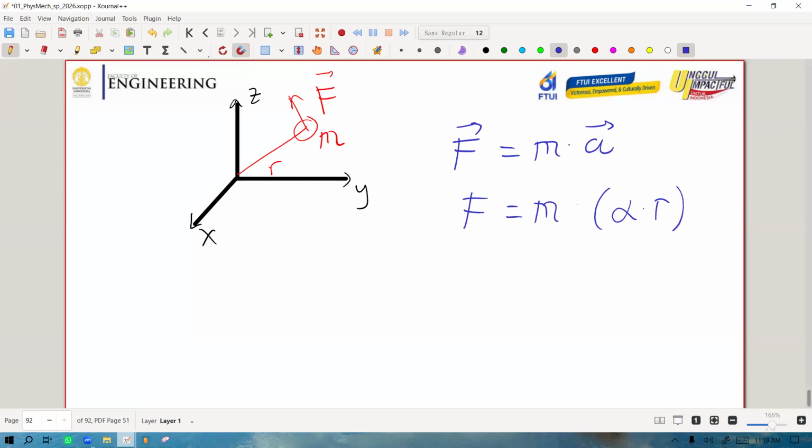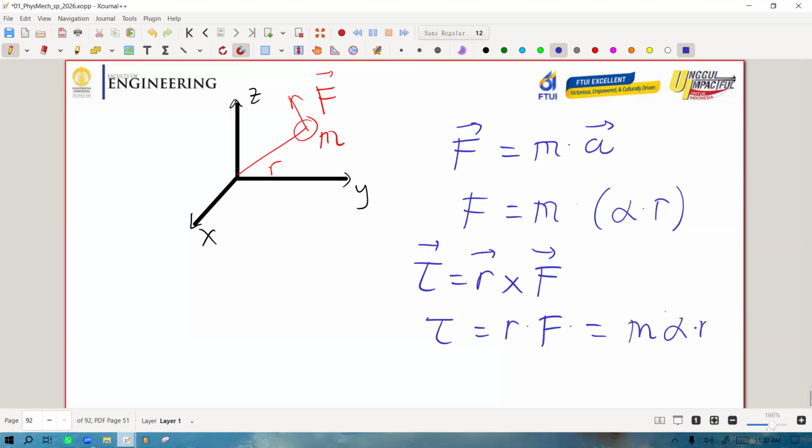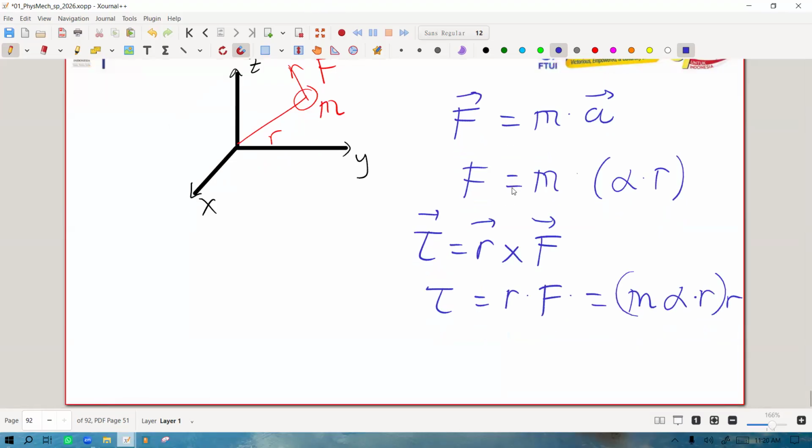So if we multiply by r, we know that tau is r cross F in vector form. So tau is rF. Imagine this is 90 degrees. So it equals m alpha r times r, which becomes m r squared.